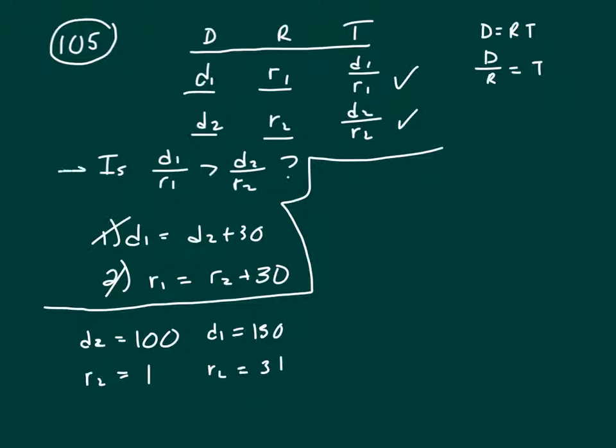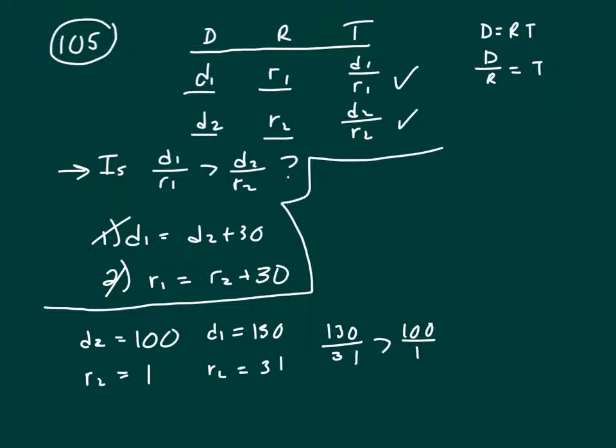So set up your fractions. D1 over R1 would be 130 over 31. Is that bigger than 100 over 1? Well, it is. So that's true in that case.